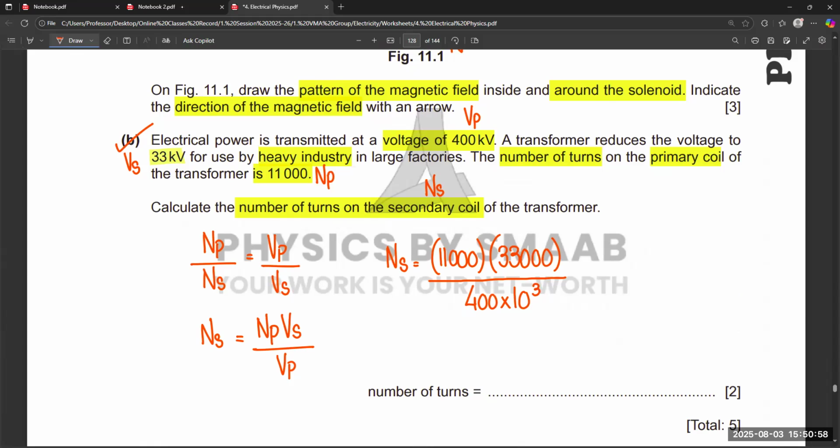So 11,000 multiplied by 33,000 divided by 400 exponent 3, 907.